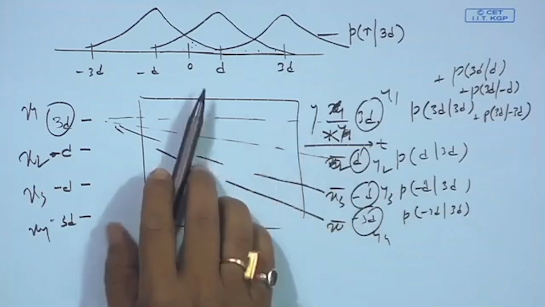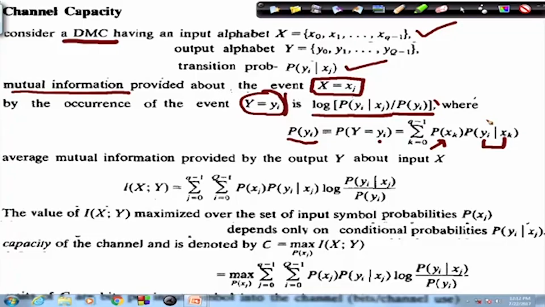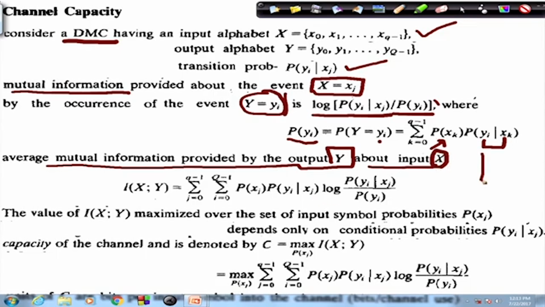This is also straightforward. The average mutual information provided by the output variable y about the input x is given by the following. If you look at the extension, you are averaging the mutual information over all possible outcomes.